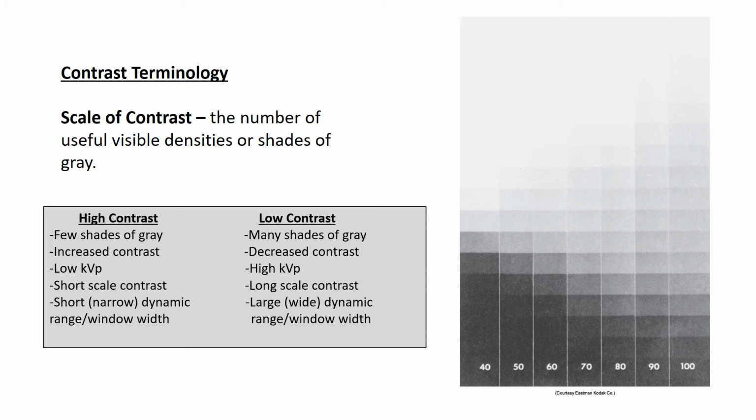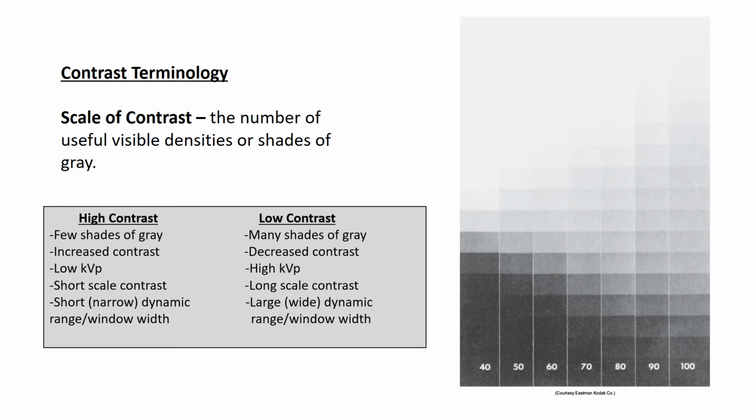And in the digital world, as far as contrast is concerned, high contrast would be a short or narrow window width. We're going to talk a lot more about window width in our digital imaging class. But for right now, we can think of high contrast as a narrow window width.